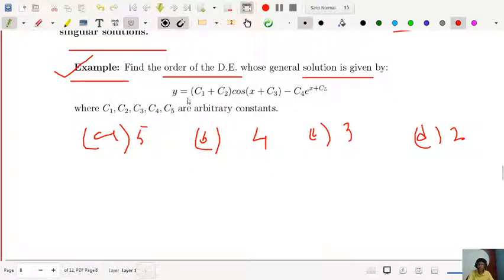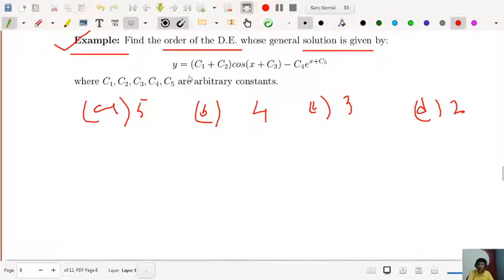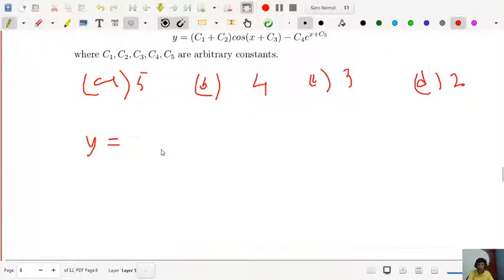Now the question is, are these 5 constants independent or dependent? Look carefully at the equation. You can write it in another form.